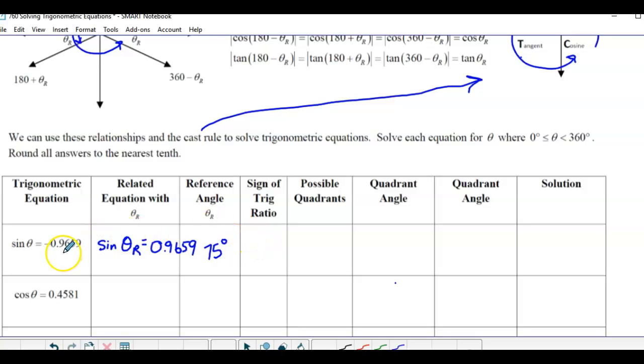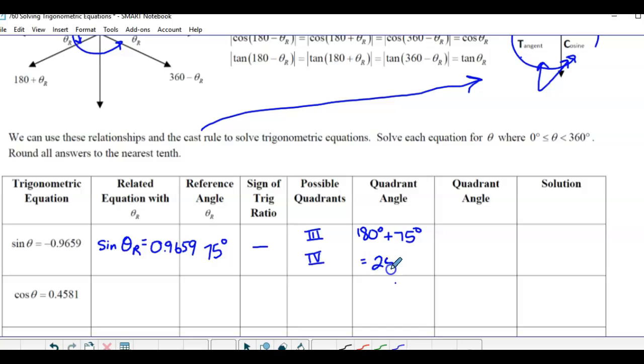Sine of the original trig ratio is negative. So possible quadrants are the third quadrant and the fourth quadrant. Okay, so these two quadrants here. And so the angles are going to be 180. In the third quadrant, we would add the reference angle.